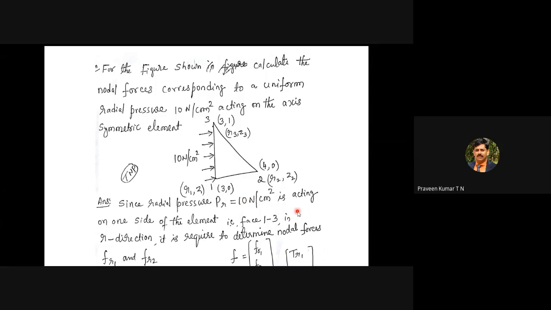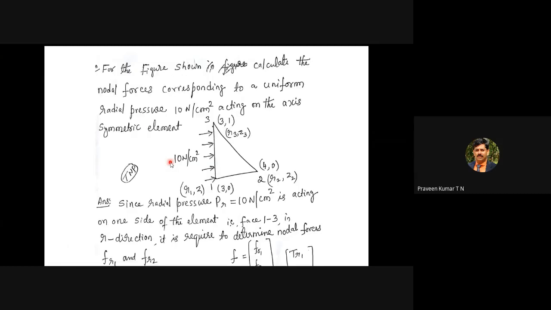The dimensions are given in centimeters. Some books refer to these as F, but it is better to refer to them as TR, because that refers to traction force. So TR2 is 0, TZ2 is 0, TZ1 is 0, TZ3 is 0.